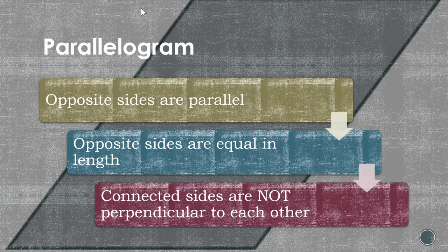You can see in the background of the slide your example of a parallelogram. Opposite sides are parallel, opposite sides are equal in length, but the connected sides are not perpendicular to each other. If you look up here in these corners, those are not right angles.